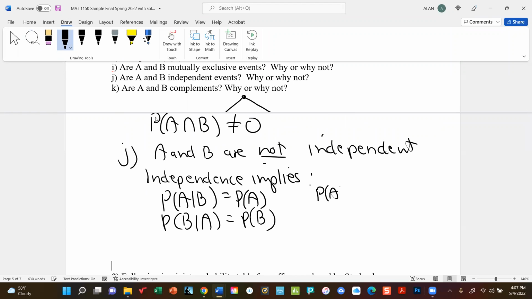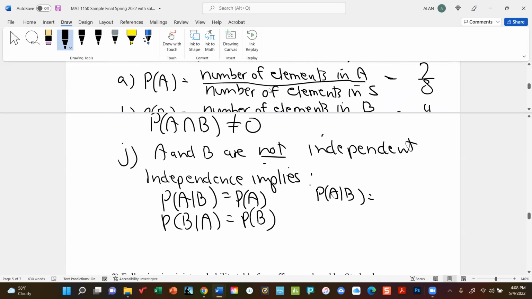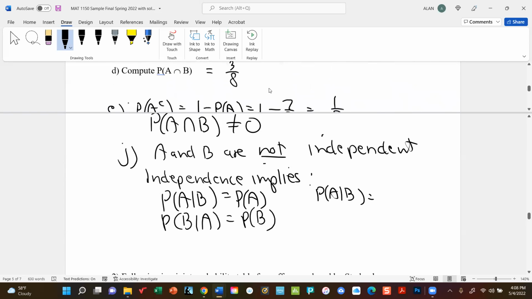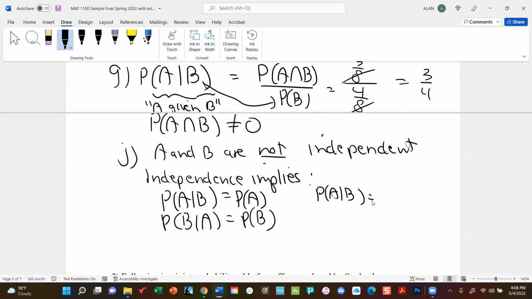The probability of A given B, we figured out a few minutes ago to be 3/4. But A by itself, remember, was 7/8. So we did that earlier.